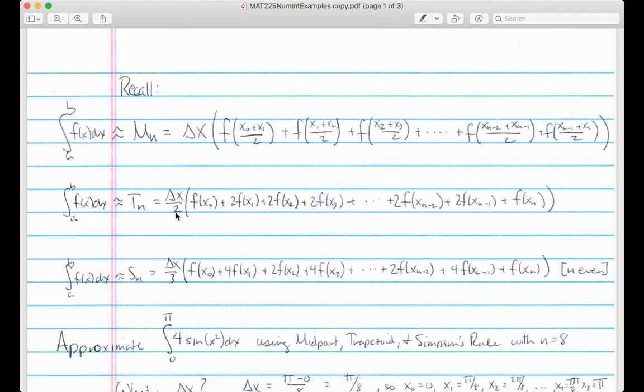The 2 here in the denominator comes from the area formula for a trapezoid. The area is 1/2 times the sum of the values of the bases times the height.